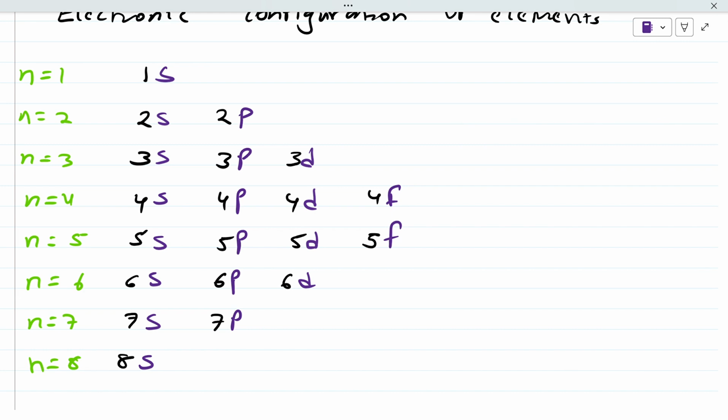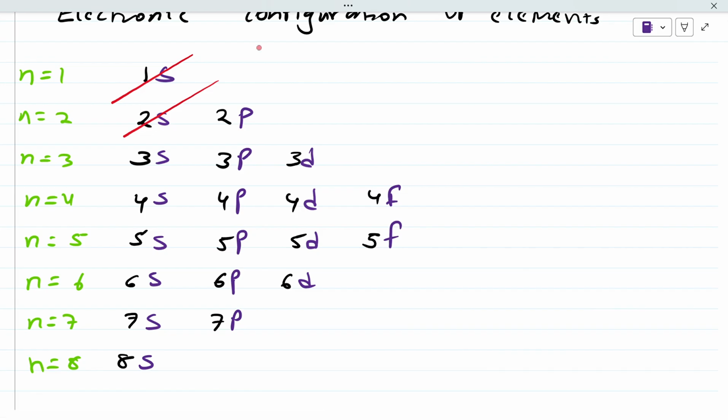So the first shell that will always be occupied is the one containing the s. I'm going to draw a line to show you the ones that will be occupied first. My first line is going to be on the 1s. 1s is full. We go to 2s.